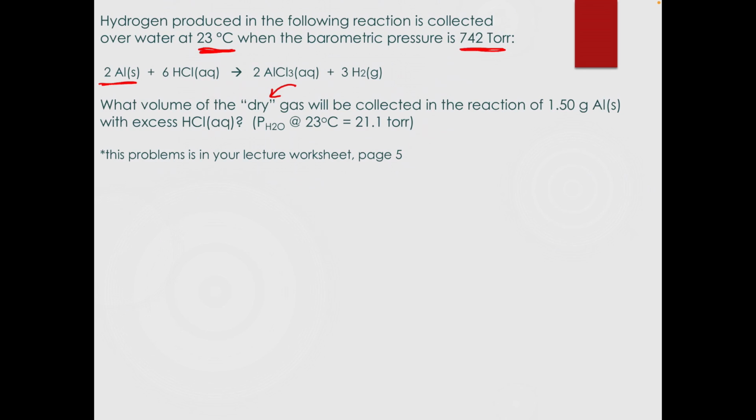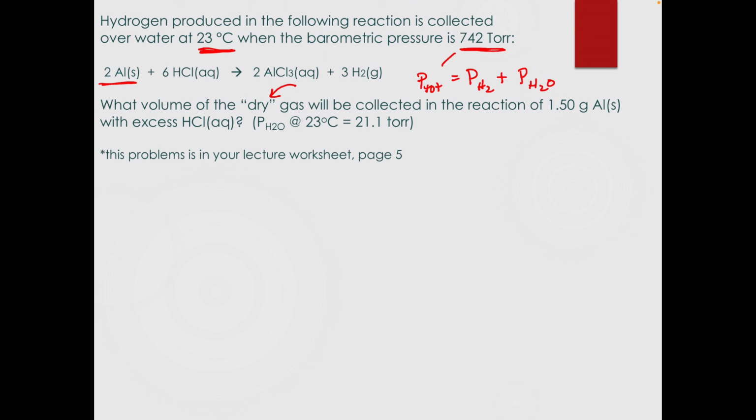And it's telling us that it's dry gas, which means it wants the volume of the hydrogen alone. So we'll need to make sure that we're not doing anything related to the water when we're doing these calculations. So that's 742 torr. That is our total pressure. So that's going to be our pressure of hydrogen plus our vapor pressure of water.